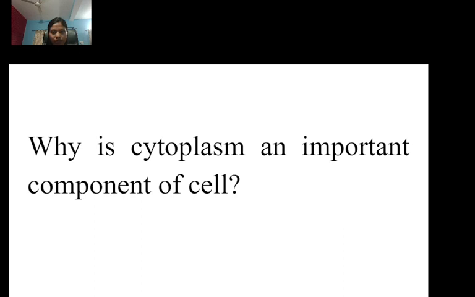If it deflated, then no molecules or substances will pass. Okay, fine. Yes, any more points? Alright. Yes. So that means cytoplasm is really an important component of the cell, right?